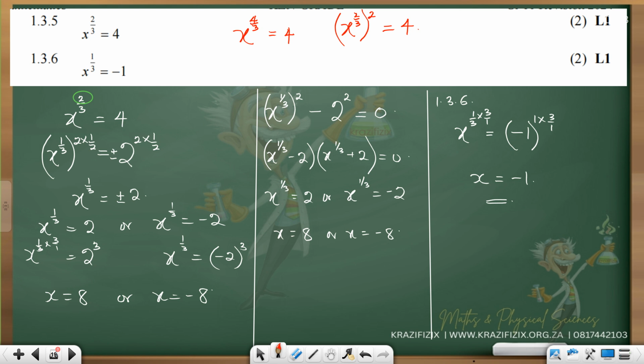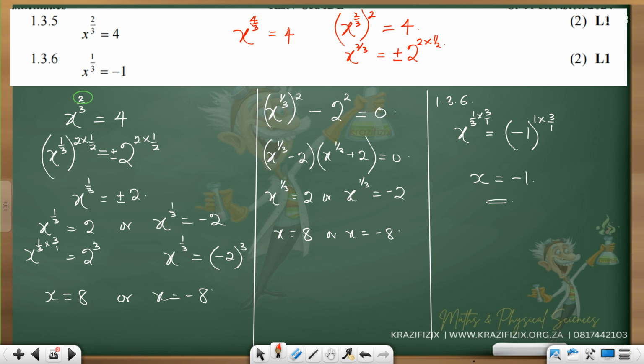It's always to take an answer away from you. So here, x to the power 2 over 3 would be equal to plus or minus 2 to the power 2, since I've already multiplied by a half. And then you can continue from there. Please, it is very, very important.